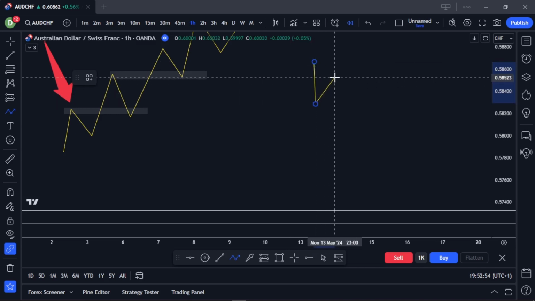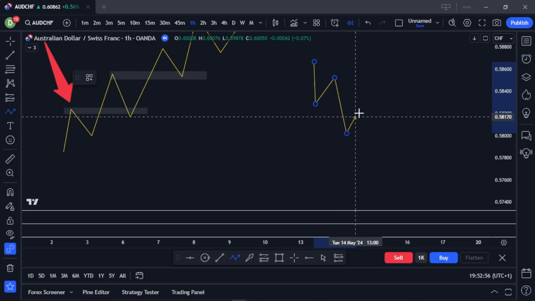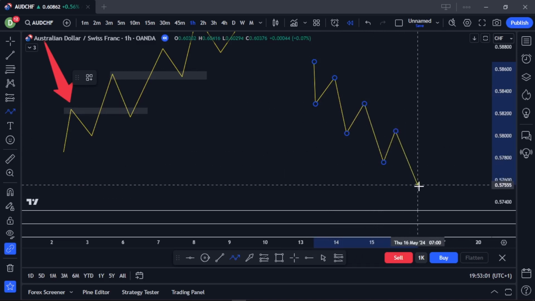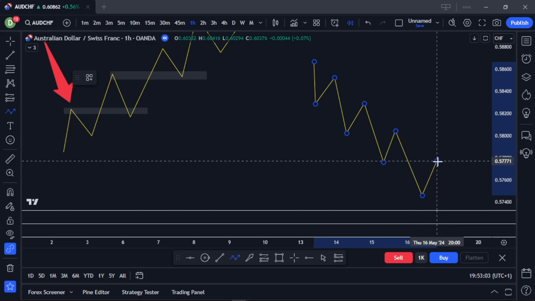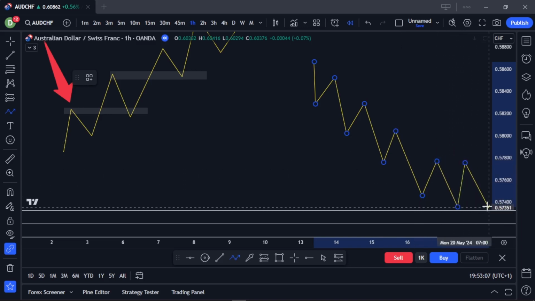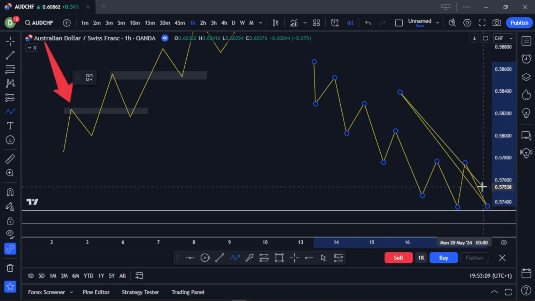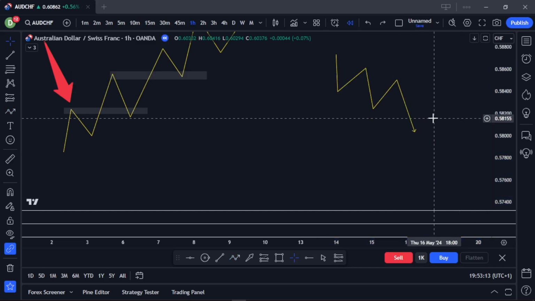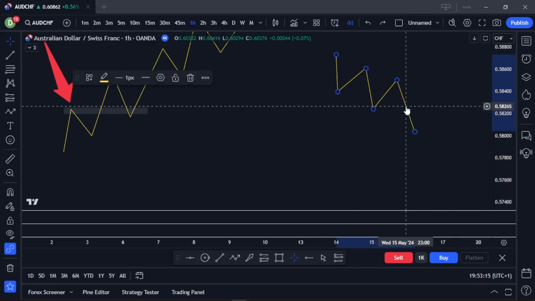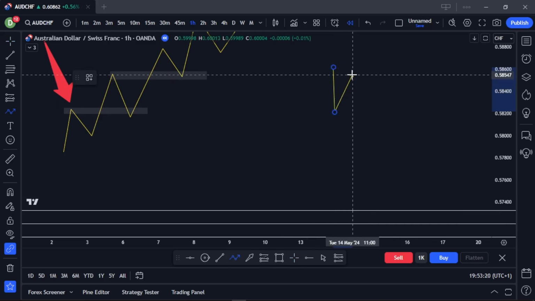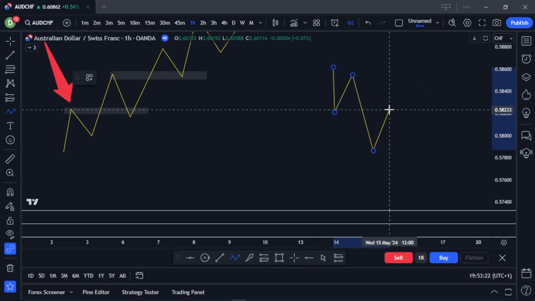Yes, it will look like this in a downtrend, and it will continue like this. So this is what a pullback in a downtrend actually looks like in reality. Let me go a little bit backwards. I'm sorry for that, I mistakenly used the delete command.